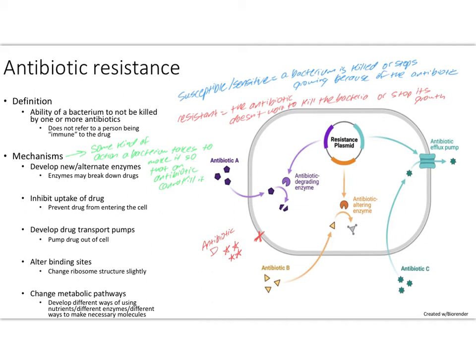And that might work in many cases, but other bacteria may have an alternate pathway to make folic acid. So you give them an antibiotic and that inhibits one of their pathways to make folic acid, but it doesn't inhibit another pathway that they might have that allows them to arrive at the same result, which is creating folic acid.